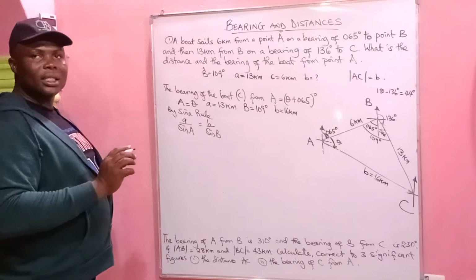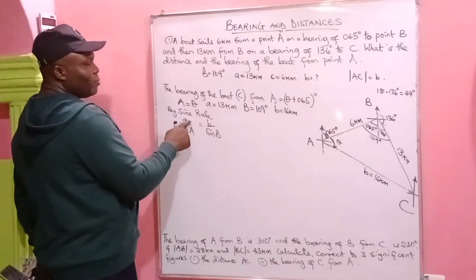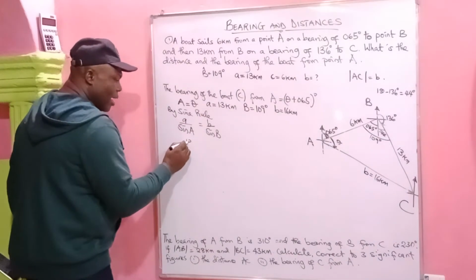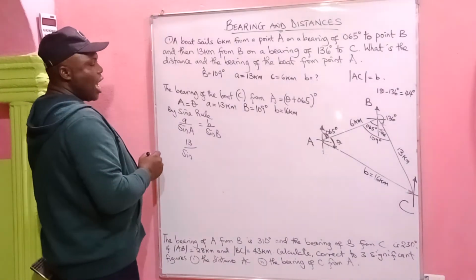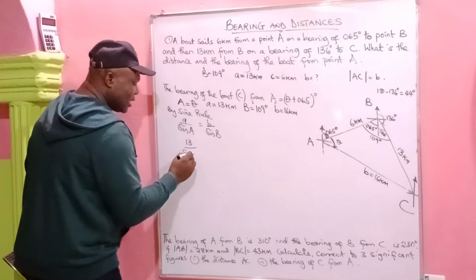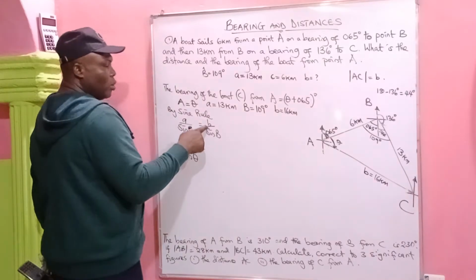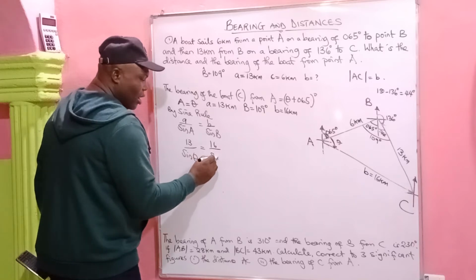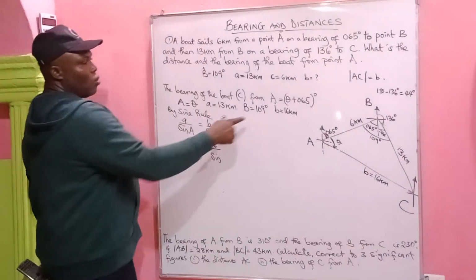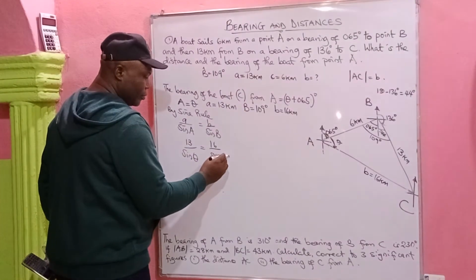We have done this in the previous slide. So what is our small a? 13. So we have 13 over sine of A, which is theta, what we are looking for, equals b, 16, over sine of B, 109 degrees.